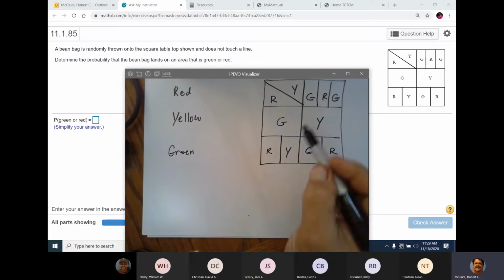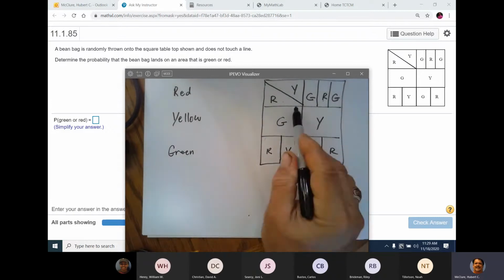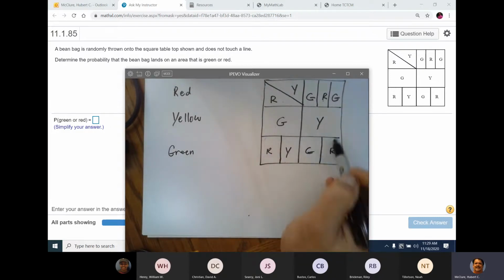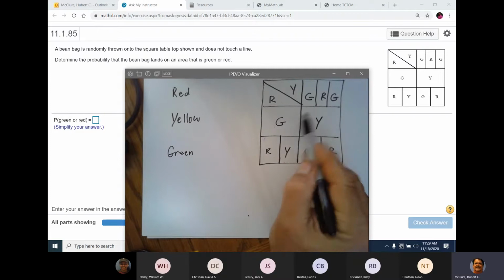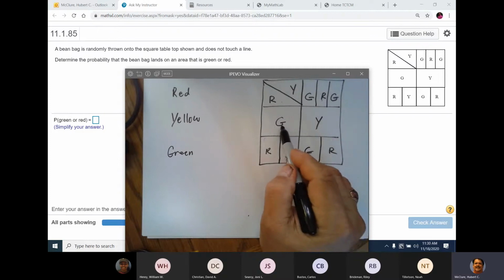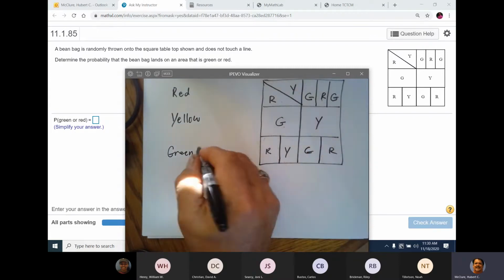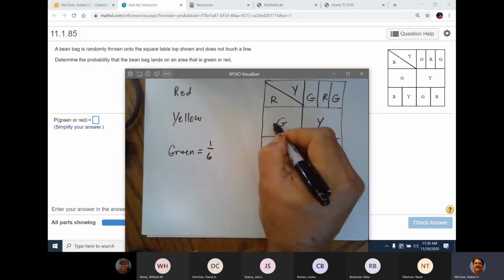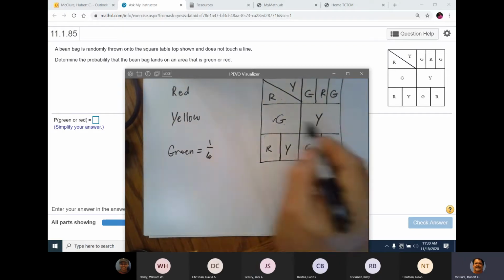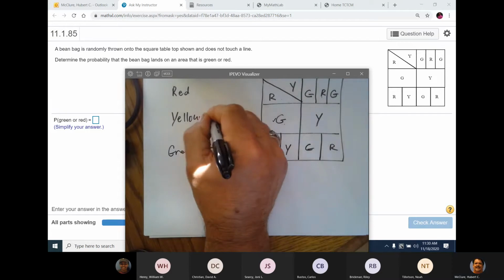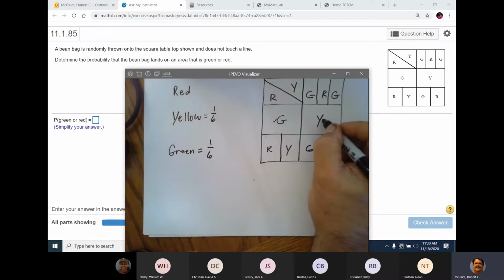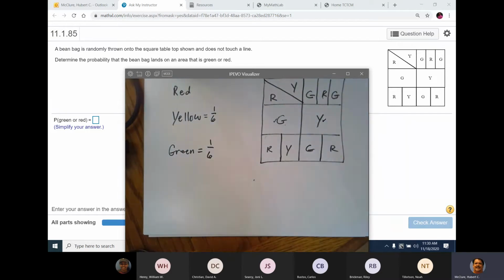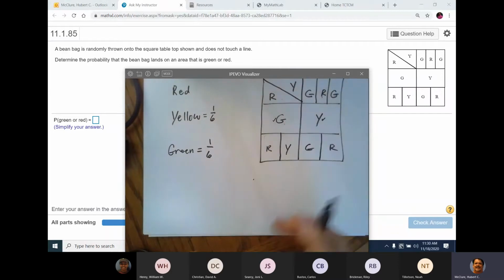Well, how many big squares do you have? You've got 6 big squares. Green is going to be 1 out of those 6, so that takes care of this one. Yellow is 1 out of 6, that takes care of this one. All right, so those 2 middle ones are taken care of. Let's talk about these down here.